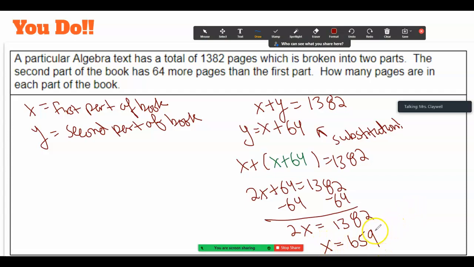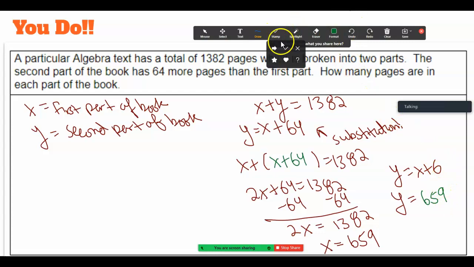So the first part of the book has 659 pages. Then I need to plug that in. My x value is 659, and that would be plus 64.